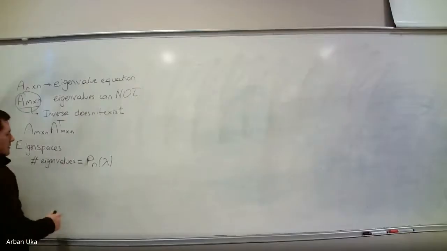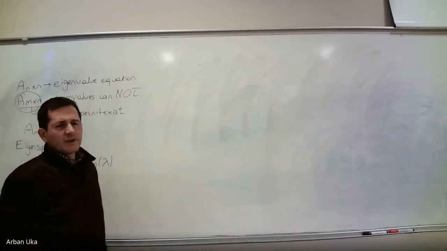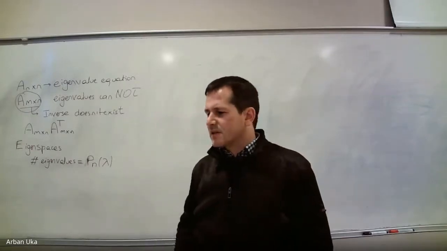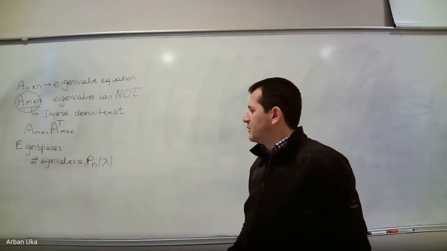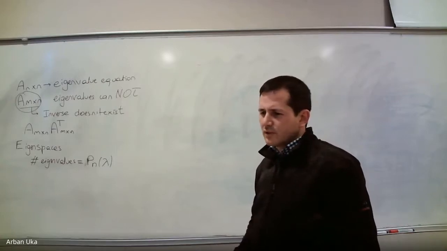Now, what happens if the polynomial has a double root? If it has a double root, we have to look at the number of eigenvectors. This is what we should look for, but we'll come to that point a little later, so if you wait a little.